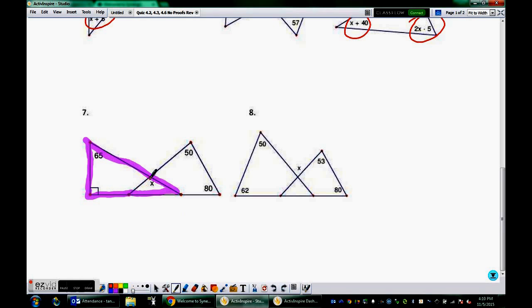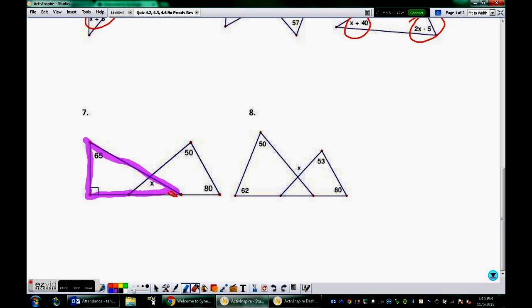When I go to solve for x here, you'll notice it's in a smaller triangle by itself here in the middle, where they overlap. Okay? So I'm going to first find this angle in the purple triangle. Then I'm going to work backwards and find this other angle. Okay. So find this missing purple angle here.